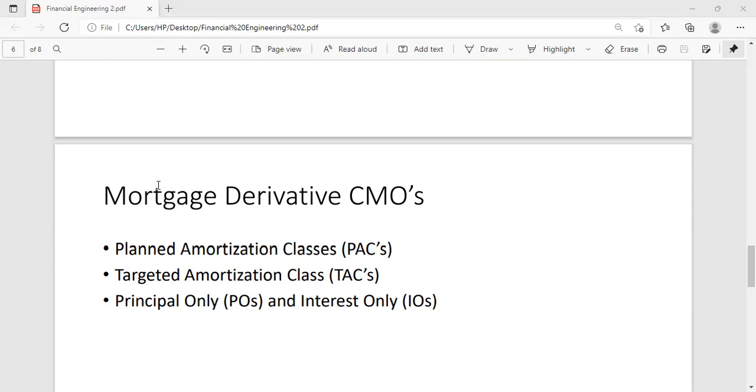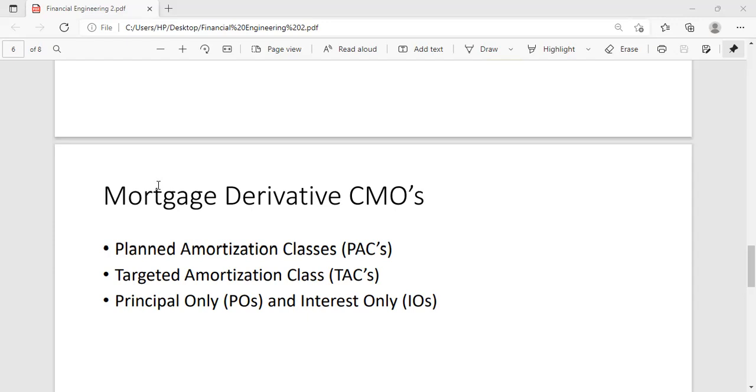Okay, similar to planned amortization class, the TAC investors receive a specific monthly principal, and if the actual principal is less than the expected principal, then the maturity of the tranches goes up, because sometimes the payment of principal is low because of default risk or because of the default or bankruptcy of the mortgagor.